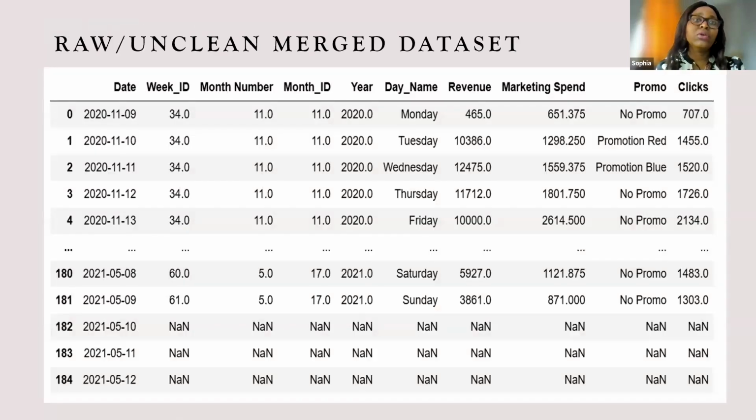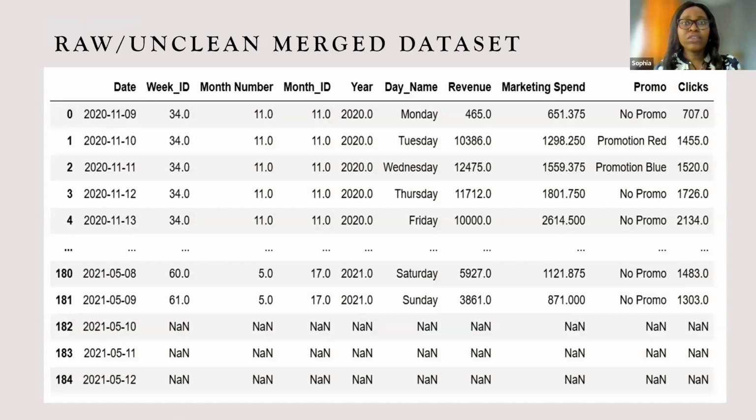this is showing how the data set was before cleaning, after it had been merged together, because the way my project was set up, I had three separate data sets which I needed to merge together for it to make sense.